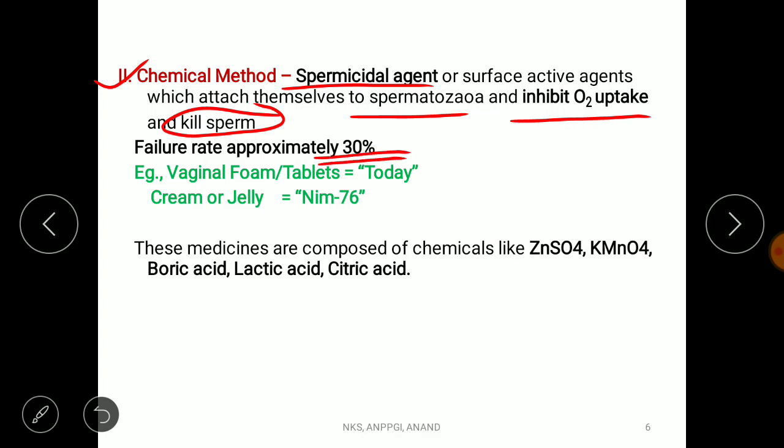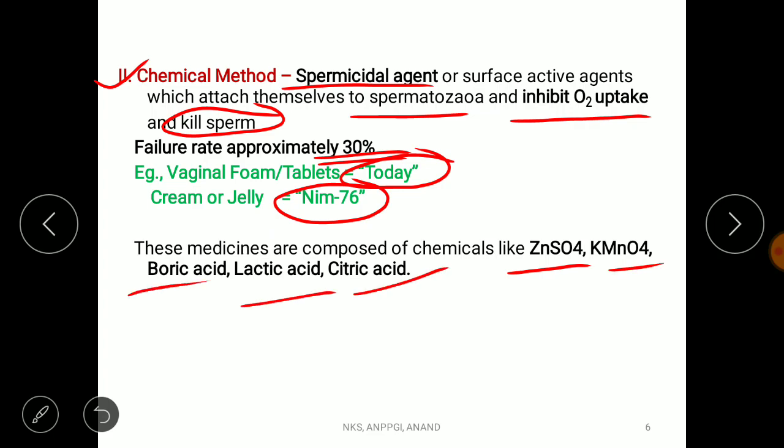Examples of some chemical methods are vaginal foam or tablets, whose trade name is Today, and cream or jelly, whose name is Neem 76, and many more are available in the market. Mostly these medicines are composed of chemicals like zinc sulfate, KMnO4, boric acid, lactic acid, citric acid, etc.